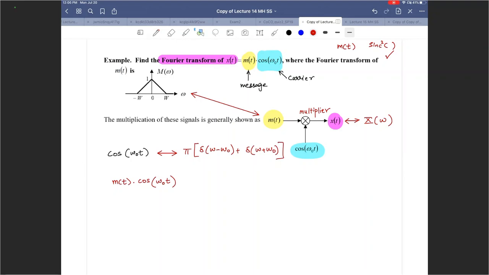And in the frequency domain side of things, what am I going to have? Of course, I will start off with 1 over 2 pi because of the factor there. Then I need M of omega convolved with all of this.